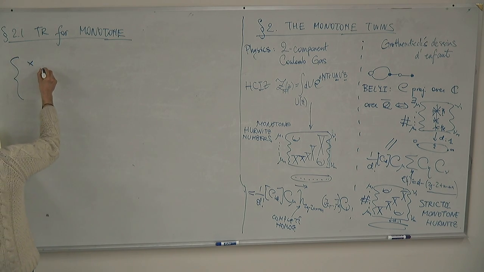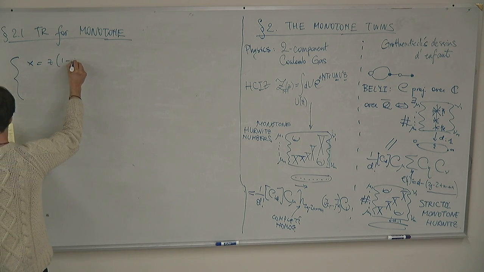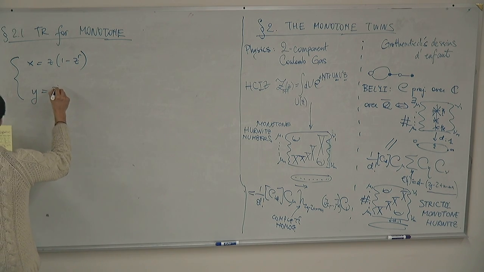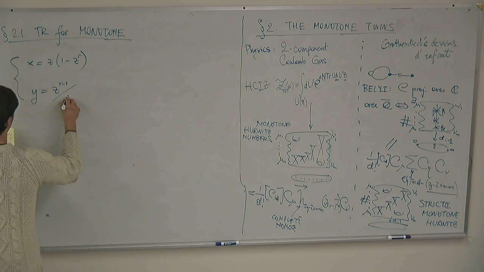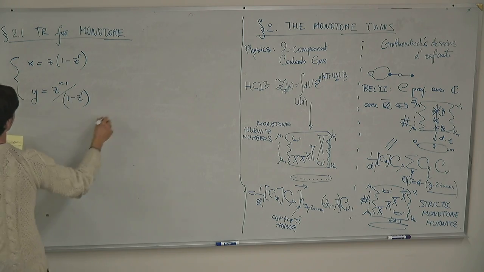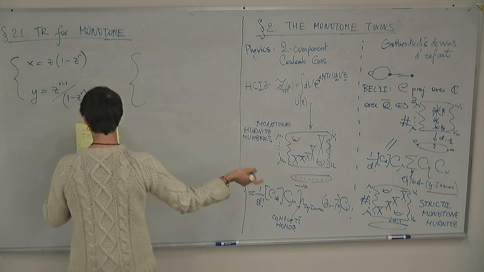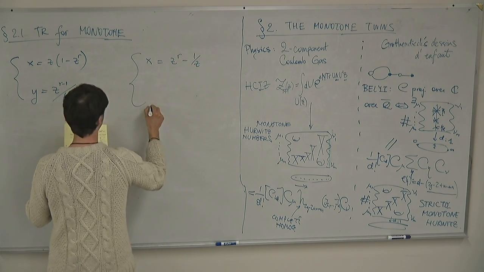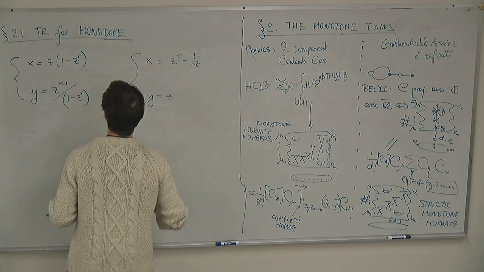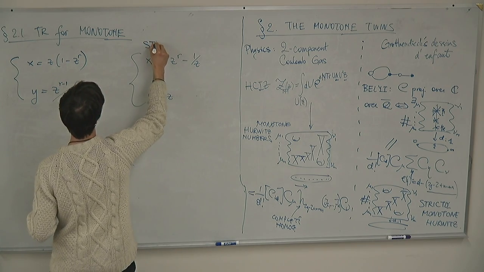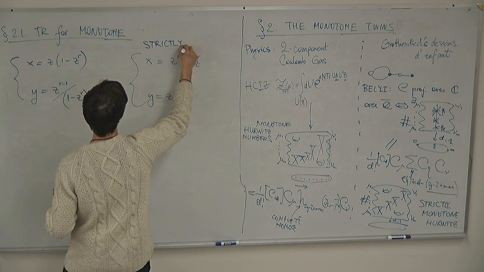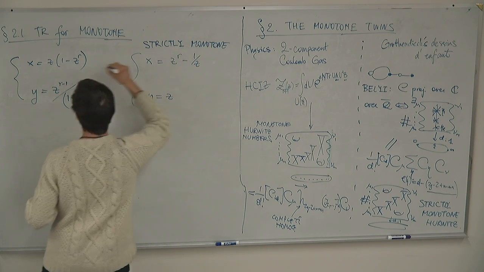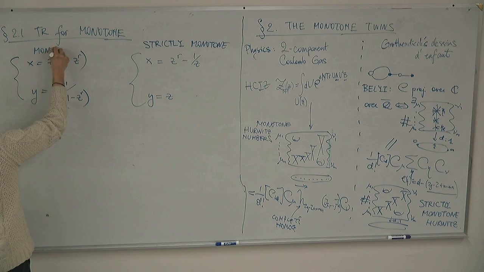So let me take x equal to z1 minus z to the r, and then y equal to z to the r minus 1 over 1 minus z to the r, and here I want to put them in the same order. So this would be strictly monotone. And this is just usual monotone.